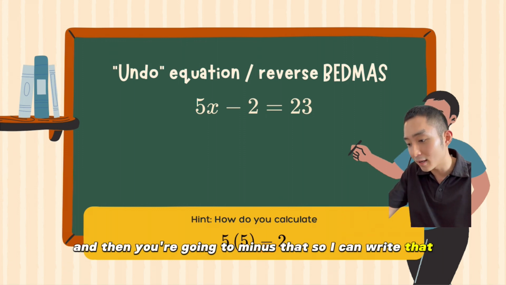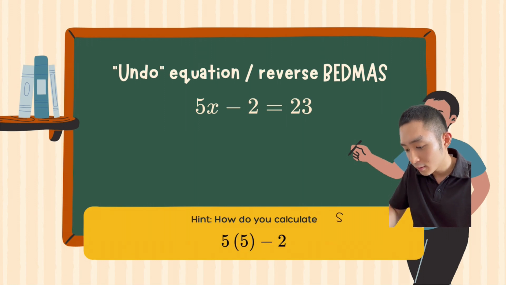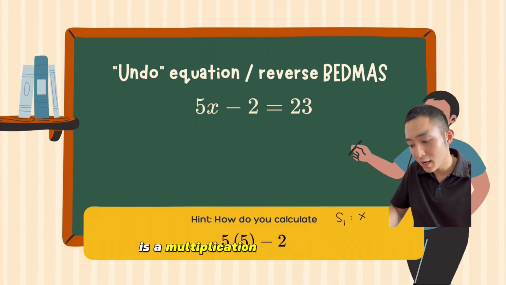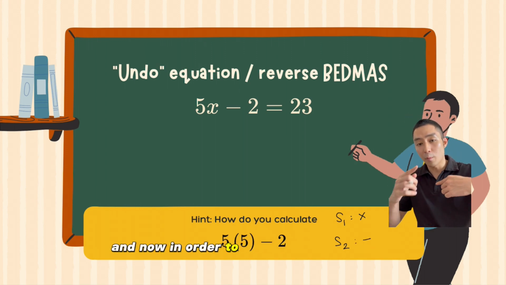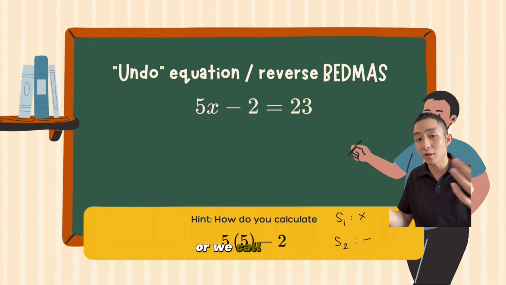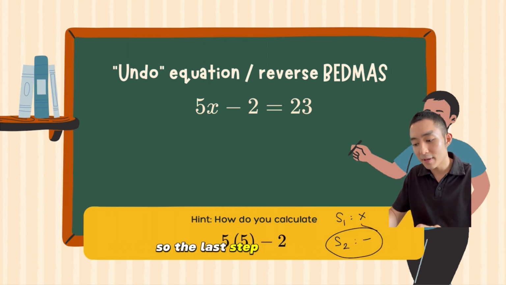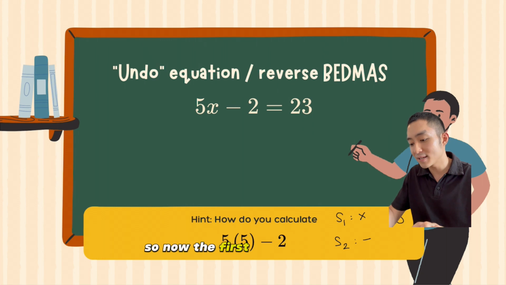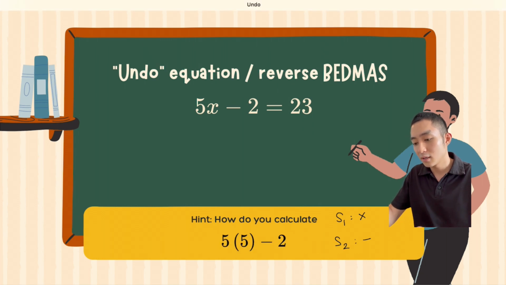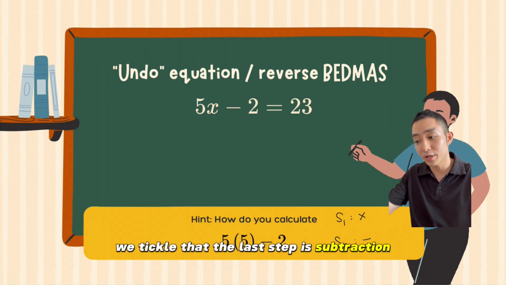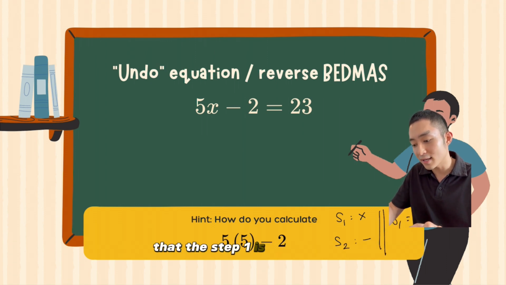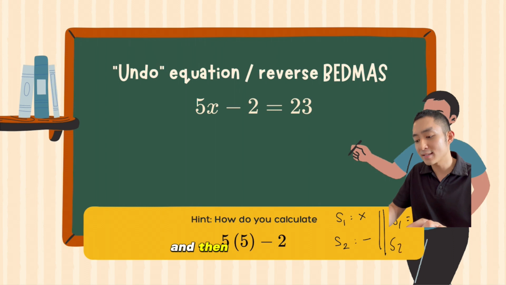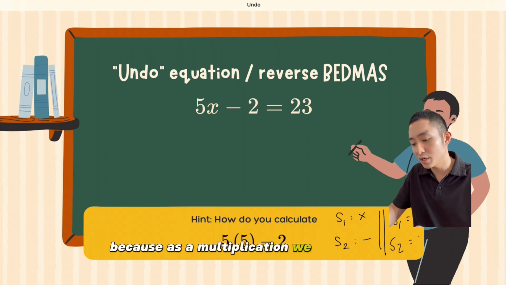So I can write that step 1 is multiplication, and step 2 is subtraction. Now, in order to reverse what we did, or we call it undo, the last step is subtraction. So the first thing that we need to do in order to undo that is we add them. And then the second step, because it's a multiplication, we do a division.